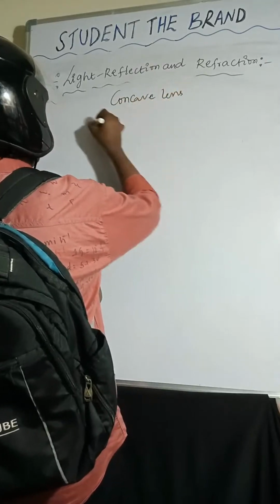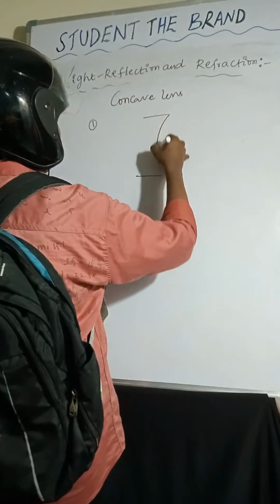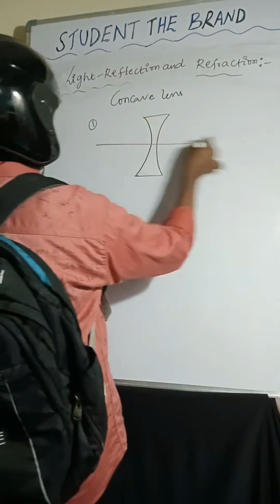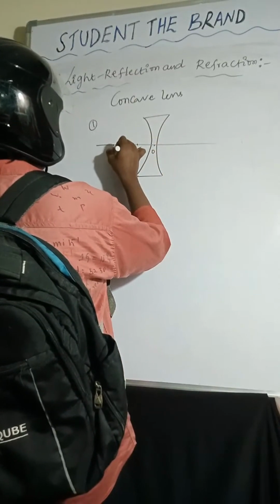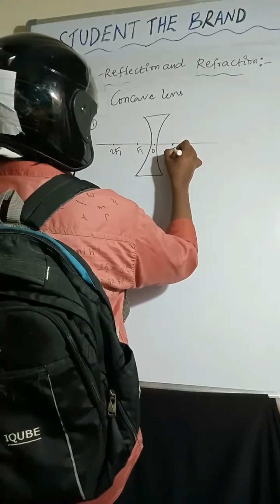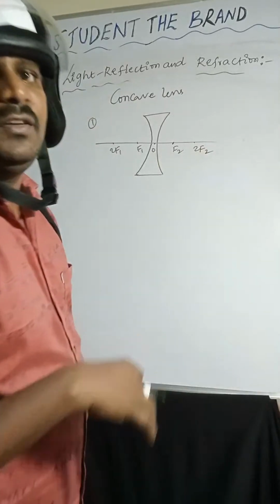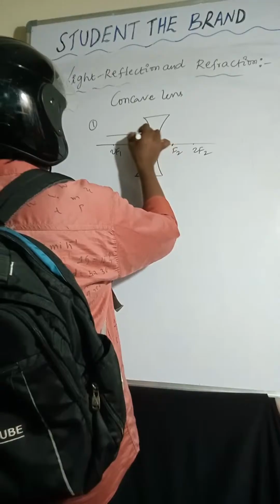We'll discuss. First one is object is at infinity. One light ray I'm taking like this. Okay, so optic center, F1, 2F1, F2, 2F2. Object is at infinity. So I'm taking two light rays.